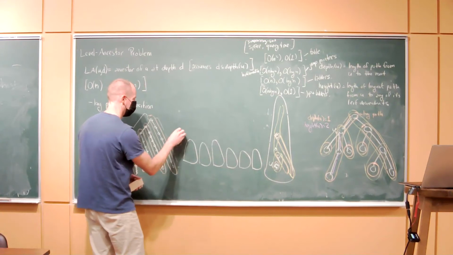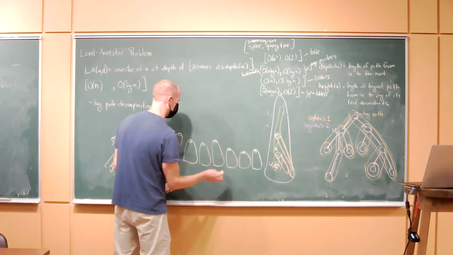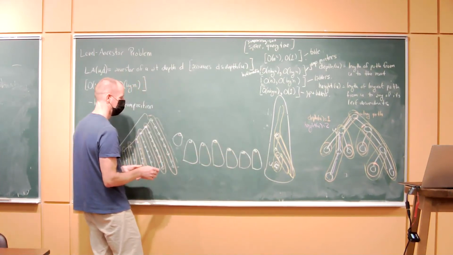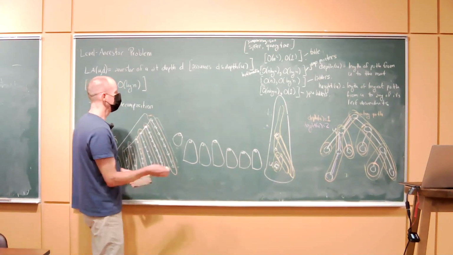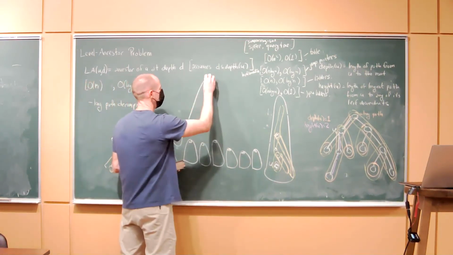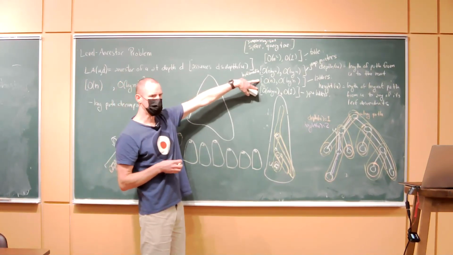Pat, yep. I just have a small question. Why is it sufficient to have jump pointers only at the leaves? Well, think about what we want to do for this combined algorithm.